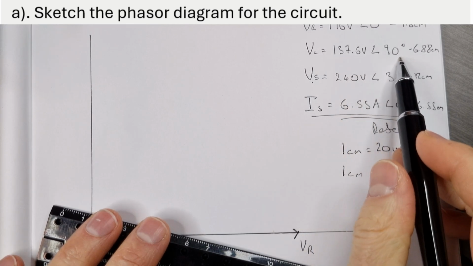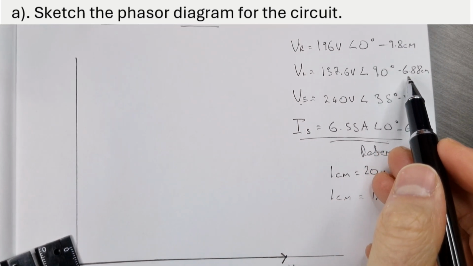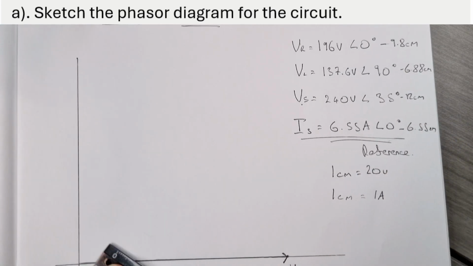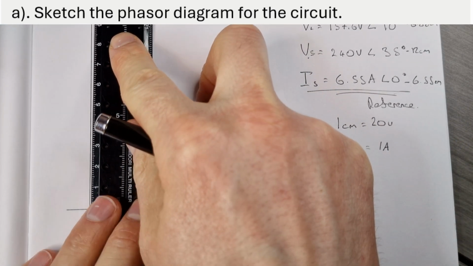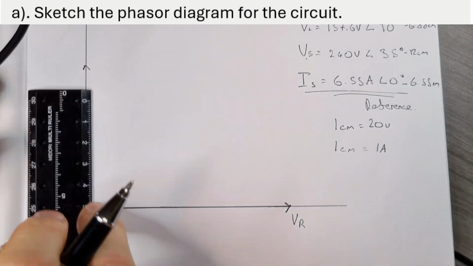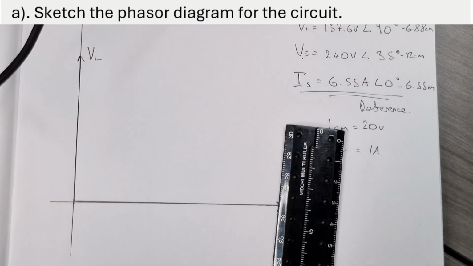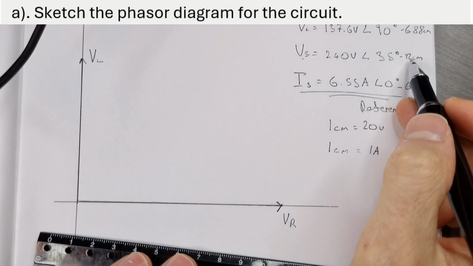My VL is going to be at 90 degrees, which is straight up, and that is going to be 6.88 centimeters. Obviously, there's a limit to how accurate you can be, so just be as accurate as you can. I've gone to 6.8 centimeters for that one. VS. Now, there's a little trick to this.